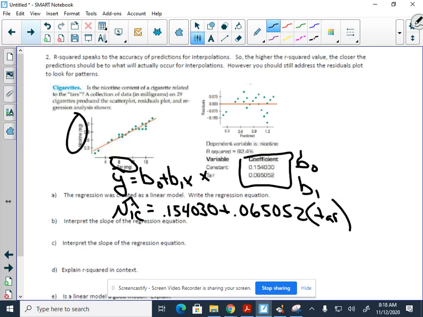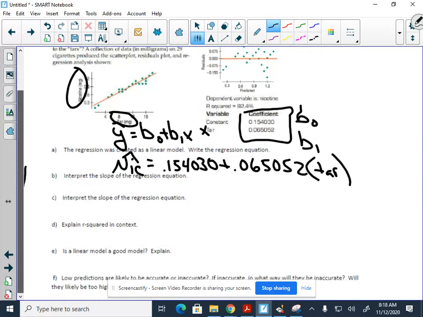Okay, now one of those things that you have to have on any test, how do I do the slope? The slope is the 0.065. Remember, you always put y over x, so it's the 0.065, that's a 0, over 1.